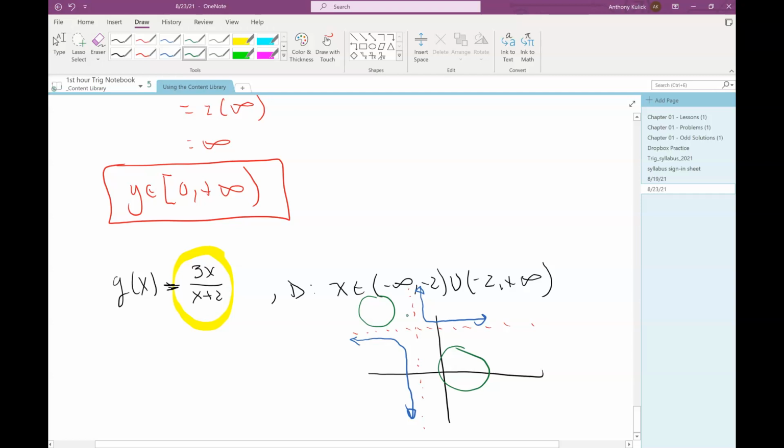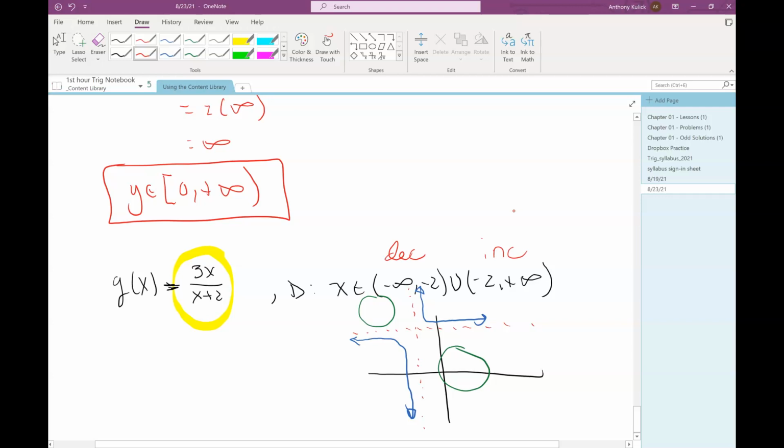Which is good, because basically what this is telling me then is that this first part of our domain is decreasing. If I look at that graph, right, as I move left to right, we're going down. And the second part is increasing. So that's going to make it pretty easy then for me to find my ranges.